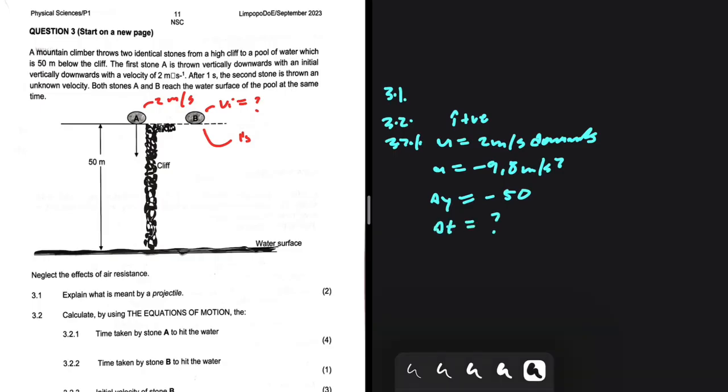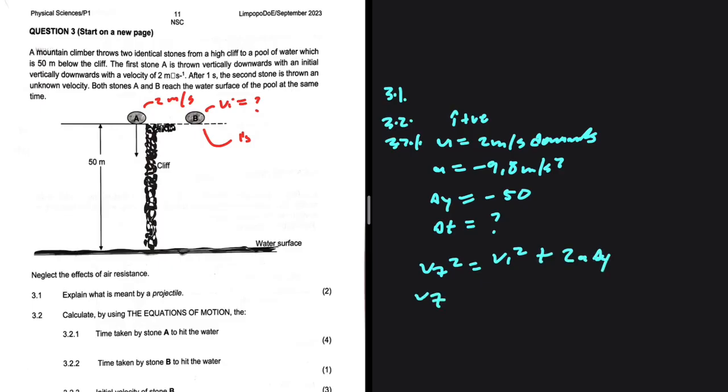When I have these variables, I can use delta y equals Vi delta t plus a half a delta t squared. But I don't want to use that formula because my initial velocity is not 0. I'm going to have to solve a quadratic equation, and that is the last thing I want to do. So instead, I'm going to say that Vf squared is equal to Vi squared plus 2a delta y.